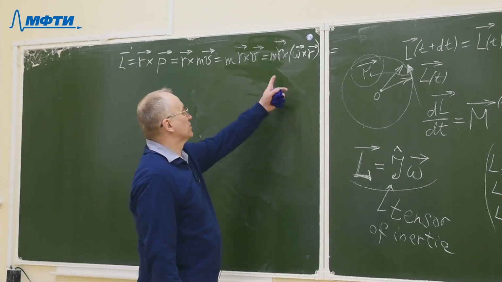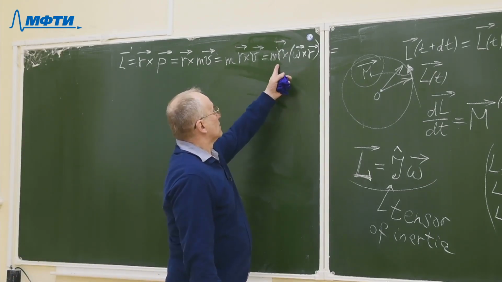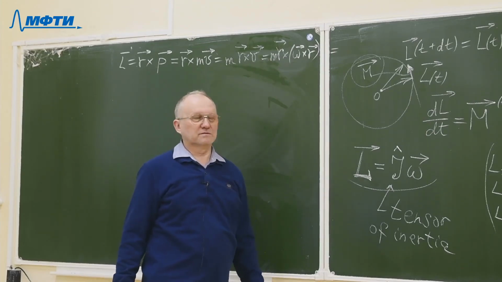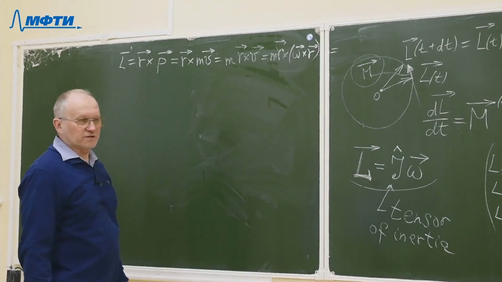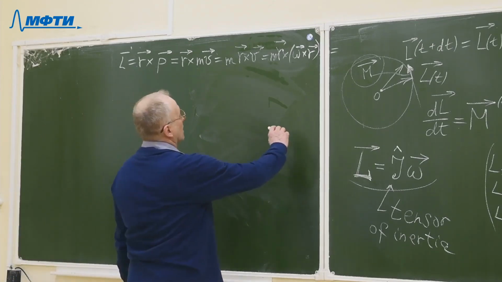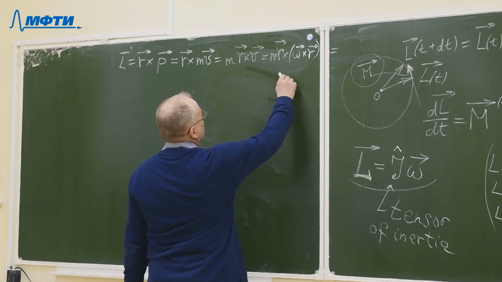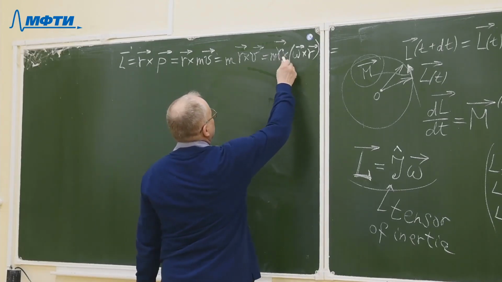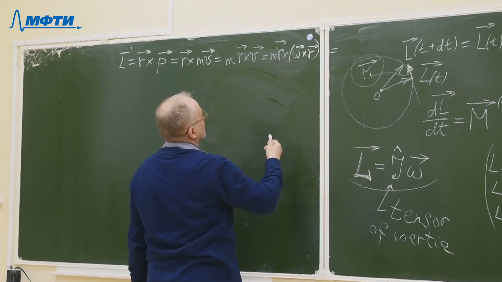And here we come to a double vector product. It is well known how you can transform it into a more convenient form.